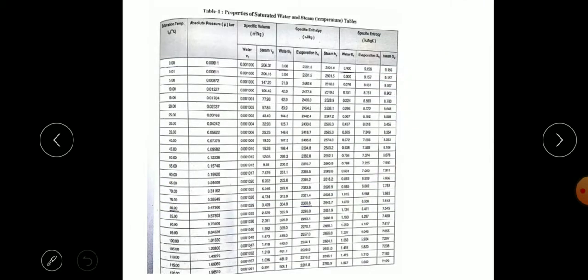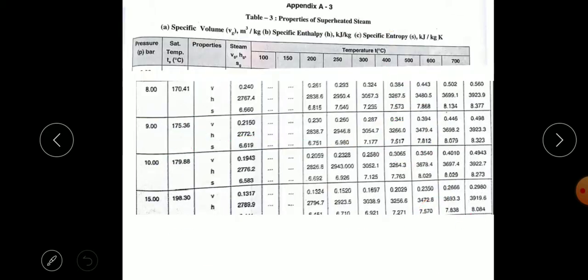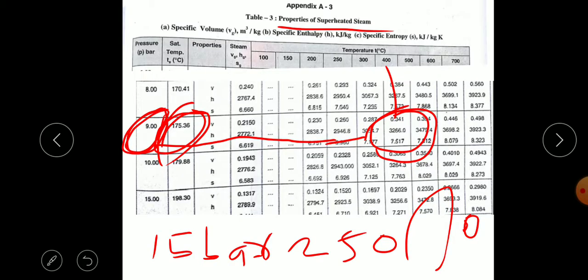And if the steam is superheated, a separate table is given for the superheated steam, where we can find vg, the specific volume of the steam, hg, the enthalpy of the superheated steam, and sg. These three properties we can find.